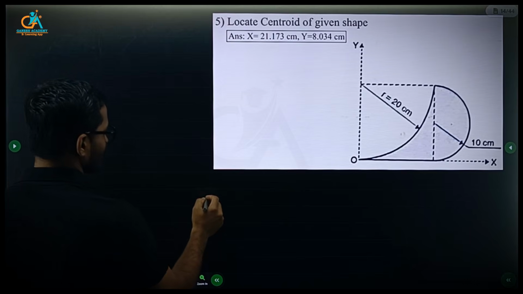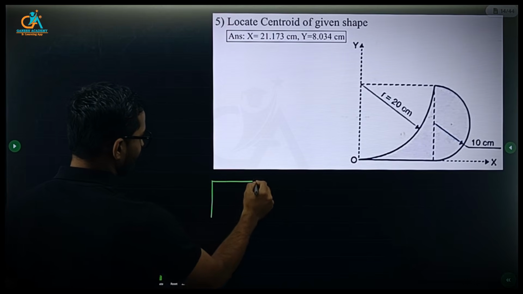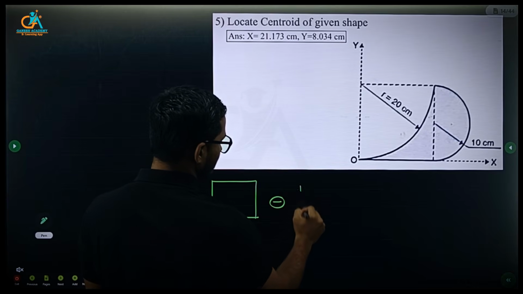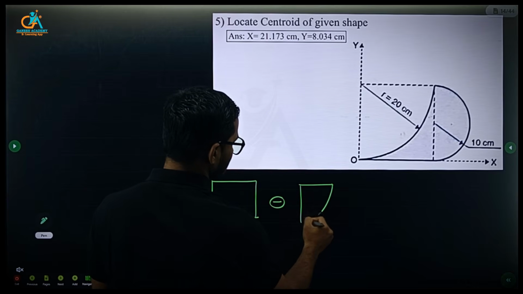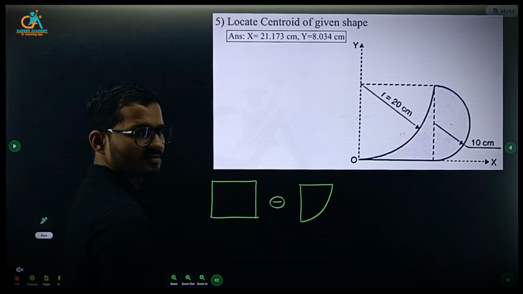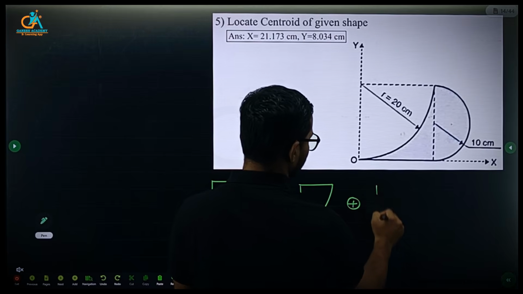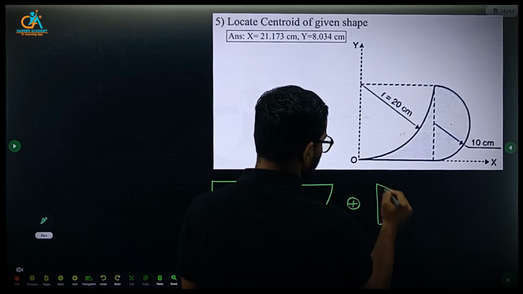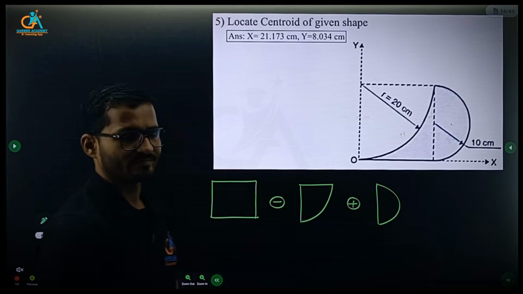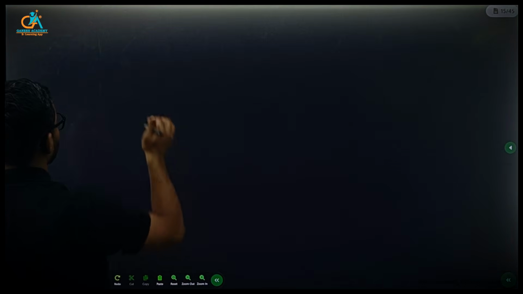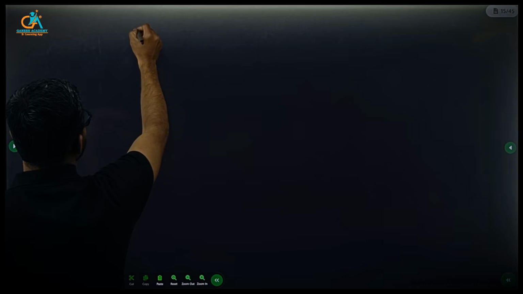So this is the combination of rectangle minus this quarter circle plus this semicircle. Okay.